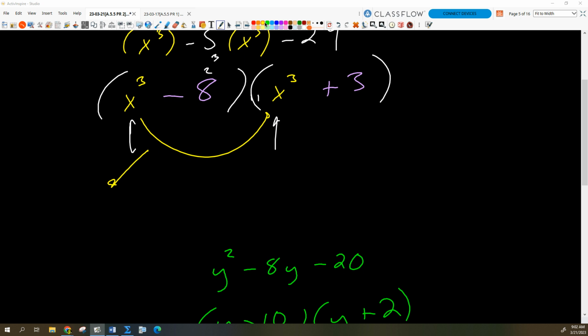So then this is good practice. What's going to be the linear factor that we get from x cubed minus 2 cubed? x minus 2.